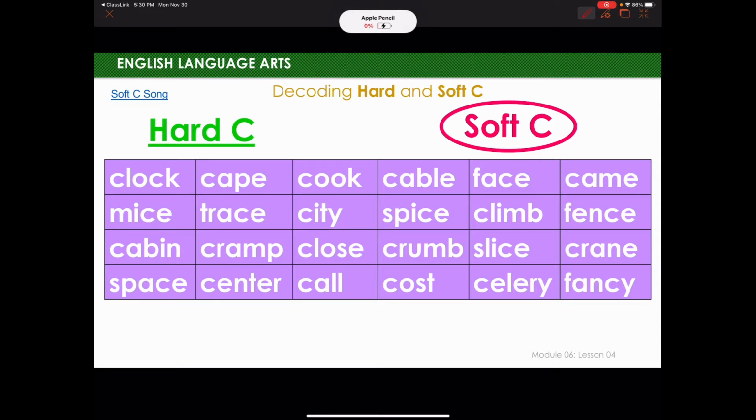And then the soft C sound says S, like the letter S, like in the word city or face. Let's listen to the soft C song.